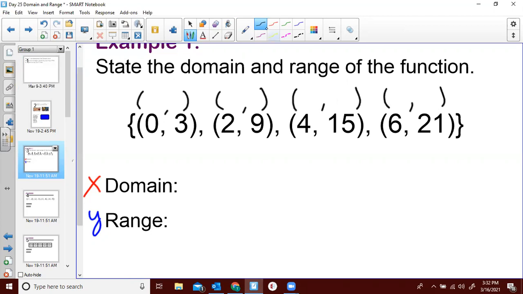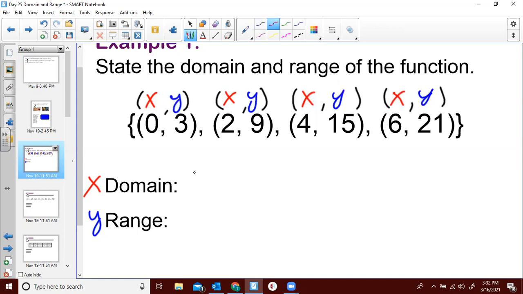Remember, it's always X, comma, Y. It's always X first. Think about it alphabetically too. X, Y, Z, right? X comes before Y. So there's a little helpful hint for you.